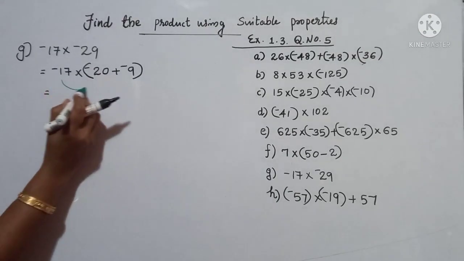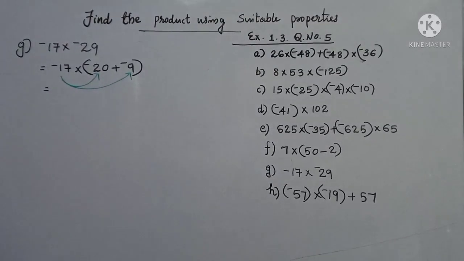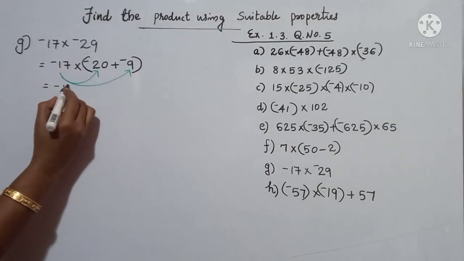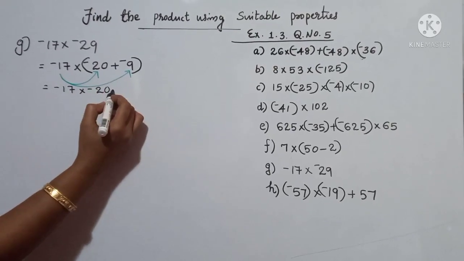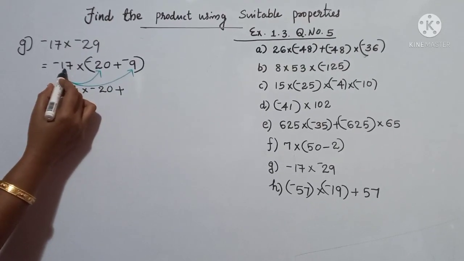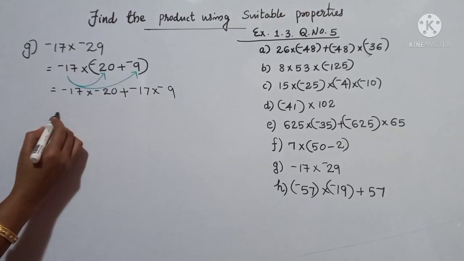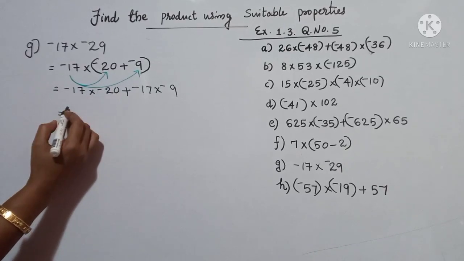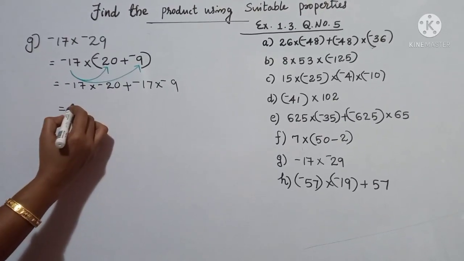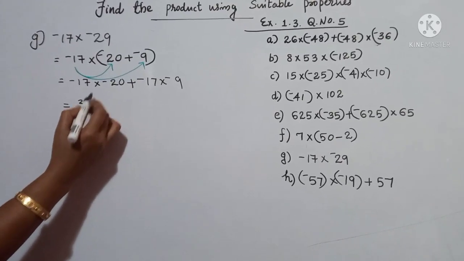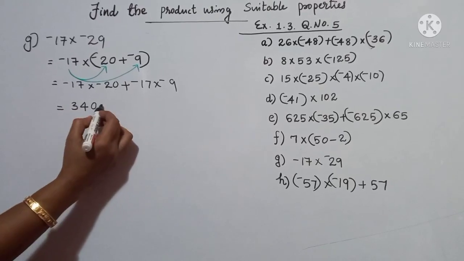Like this way, we already know, opening this bracket by using distributive property: minus 17 into minus 20, then plus, put it here, then minus 17 into minus 9. Then multiply, minus into minus is plus. 17 into 20, 17 into 2 is 34, then minus and minus plus only, then this 0 we have to put, 340 plus.